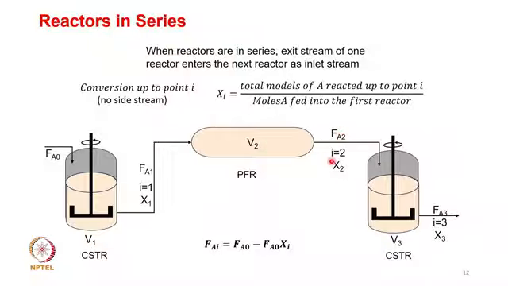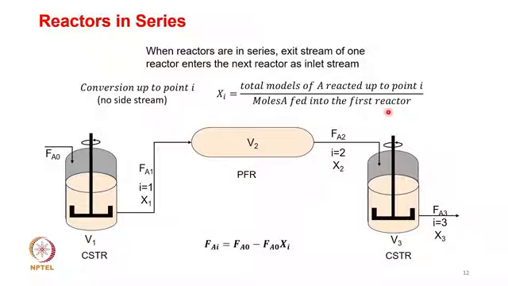In this case now it is i equals 2 because it is coming out of the second unit and having a conversion of X2. It goes to the third reactor with an output of FA3 and X3, where the index i becomes 3.